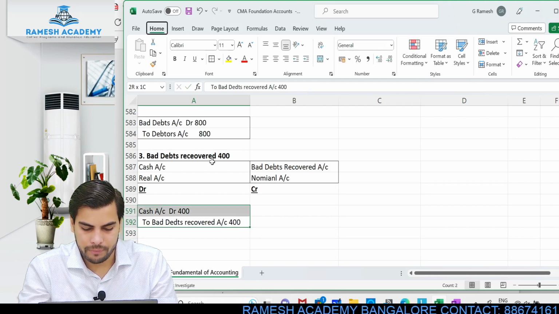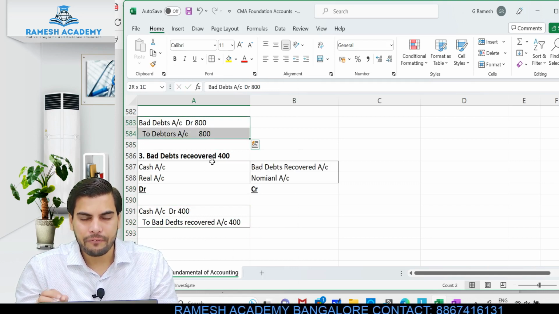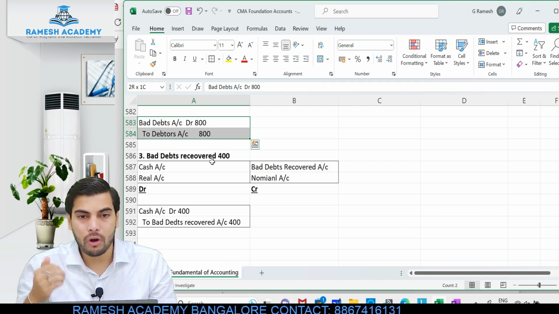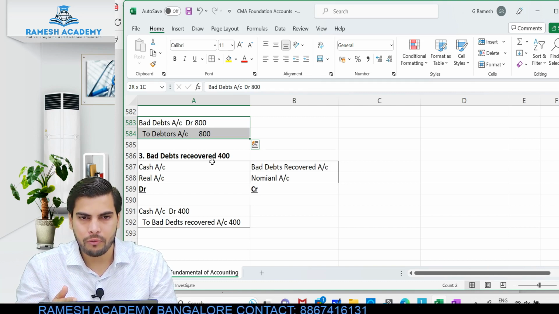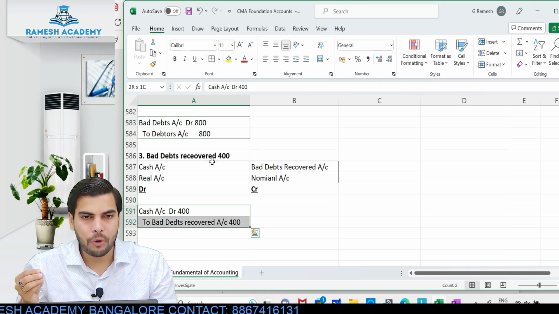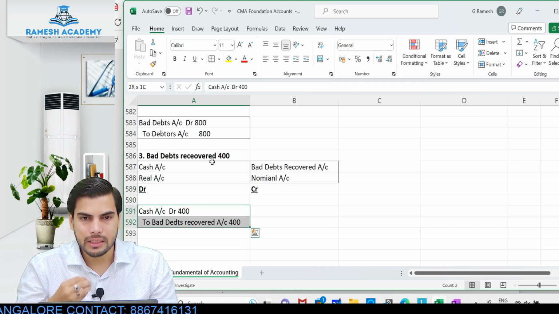This would be the entry. Clear? So in the previous case, I did not give effect to cash. Why? Because I am not recovering the amount. Whatever goods I have sold to the customers, I am not able to recover it. That's why cash is not forming part. Whereas here, I am recovering the cash. Whatever amount I treated as bad debts earlier, now I am able to recover it. So when I say I am able to recover it, I am literally receiving the cash.